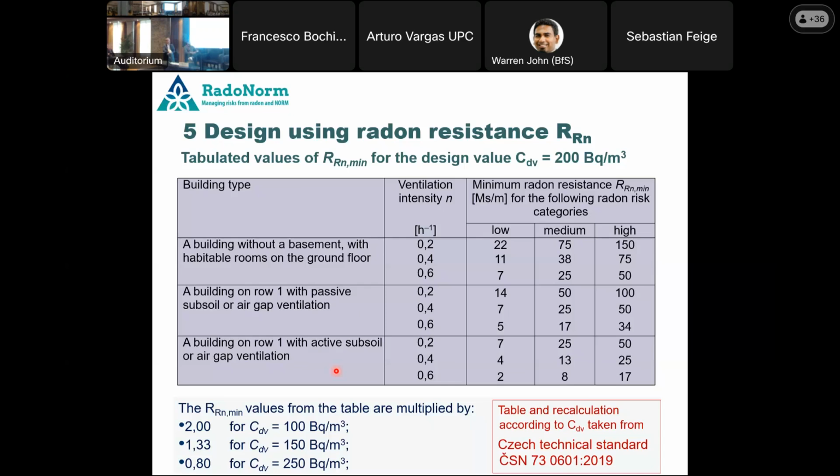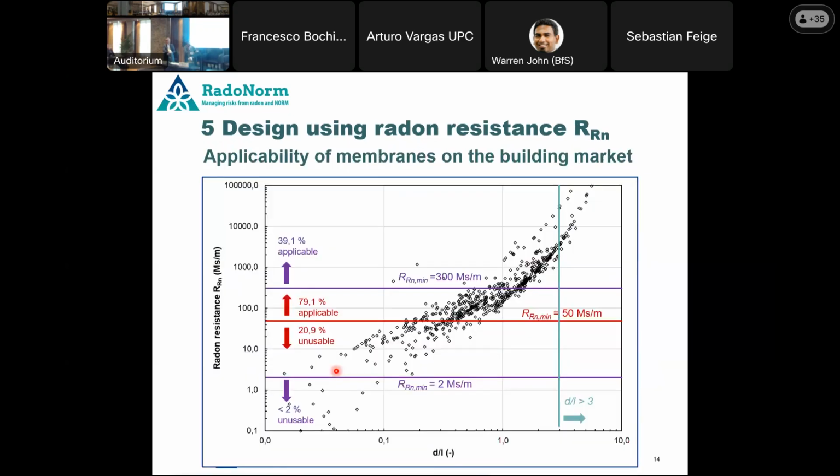So the values depend on the radon-prone areas, on the intensity of ventilation, and on the category or types of buildings. So the question is, if we have such a spread of minimum radon resistance values, whether on the building market there are some products which can cover this range.